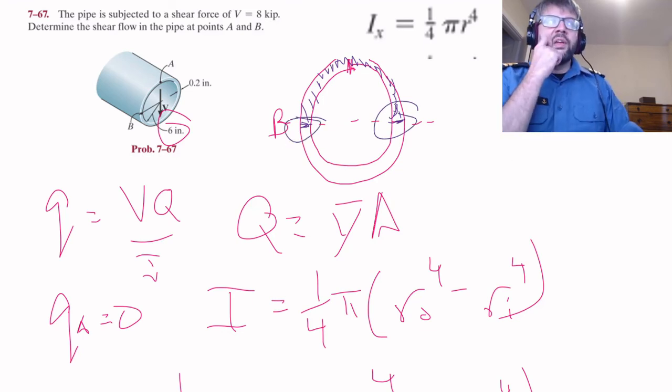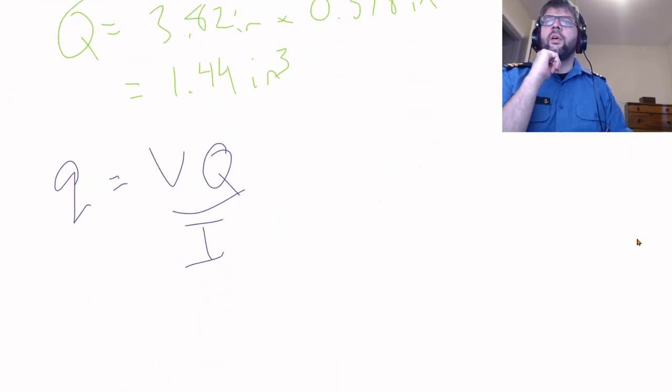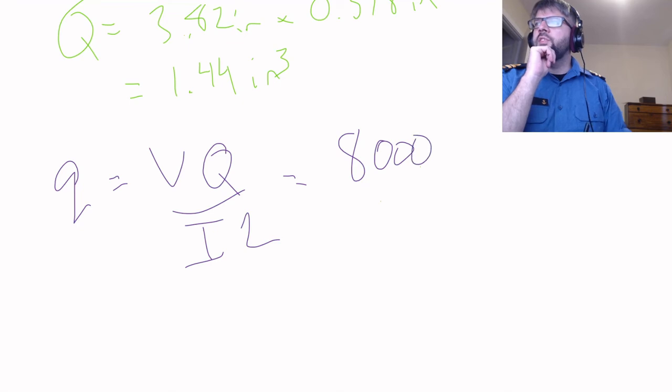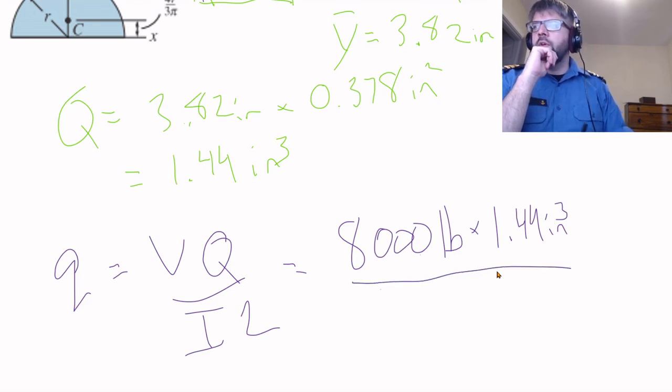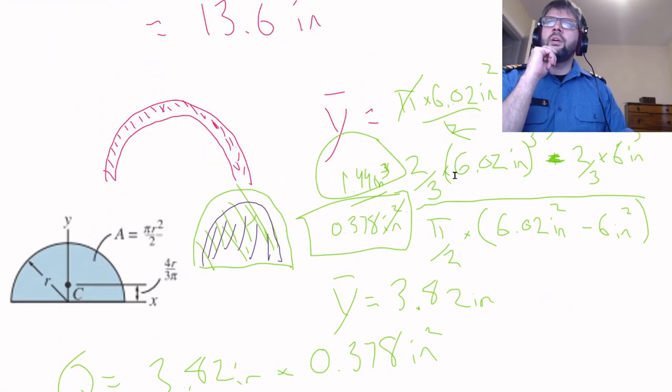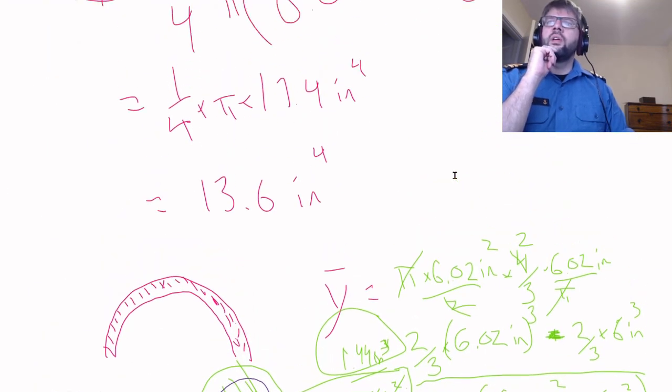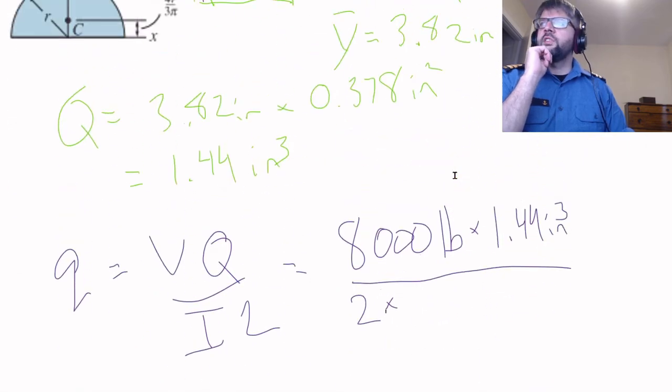So we need to divide that by 2 as well. So that's easy enough. 8,000 pounds was our shear load times 1.44 inches to the third, over 2 times our I, which was 13.6 inches to the fourth.